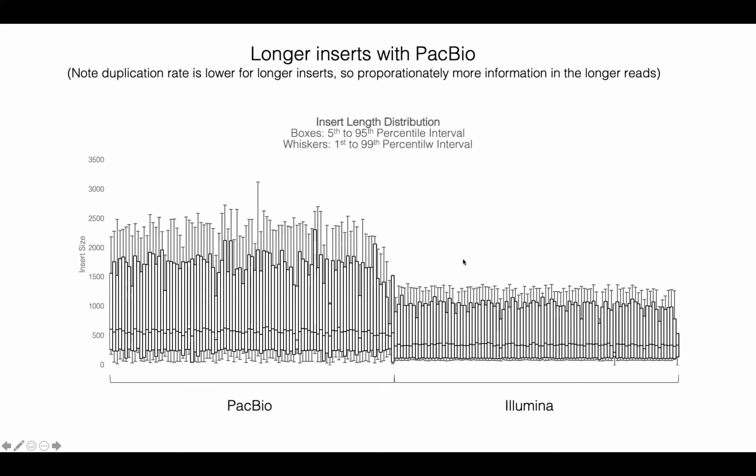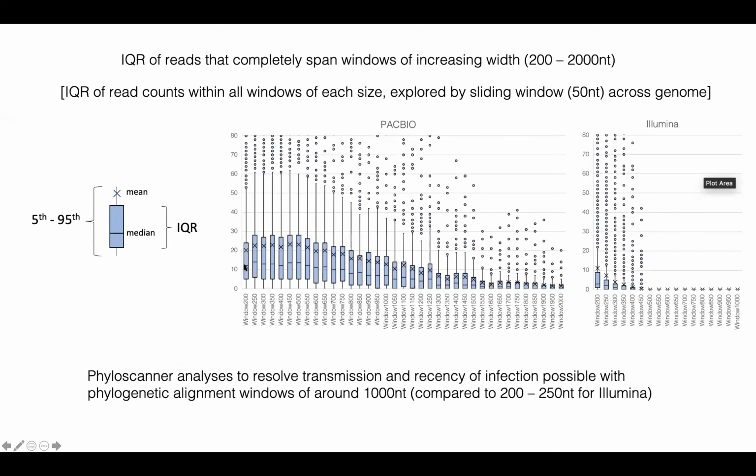So you can start to imagine, we're all familiar with the phyloscanner type analyses that are restricted by the alignment windows that you can create for your reads, your sequences, and you can start to imagine that you'll get better phylogenetic trees with more resolution if you're able to widen those windows and do some haplotype reconstruction.